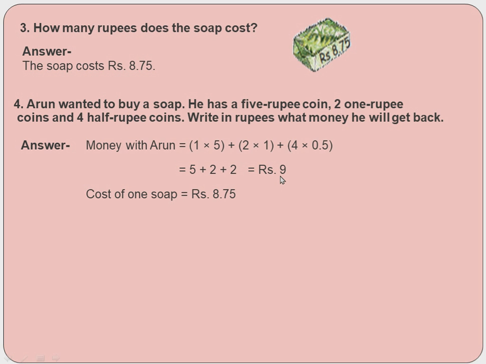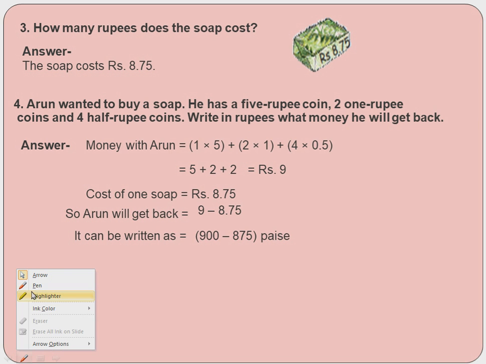So how much he will get means, what will you do? If you have 10 chocolates, you have eaten 5 chocolates, how many are left means what will you do, you will subtract. Similarly here also, Arun will get back 9 minus 8.75. First you convert it into paisas. When you convert rupees into paisas, you multiply by 100.